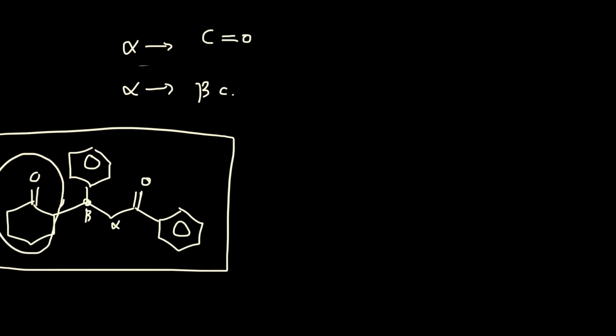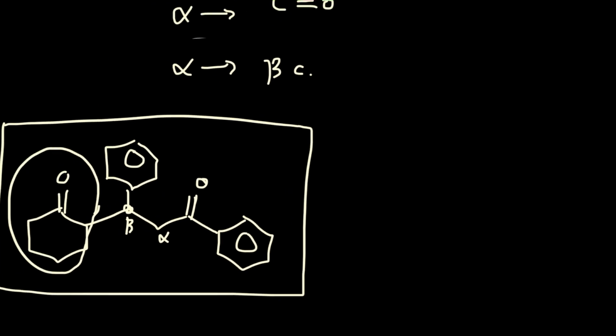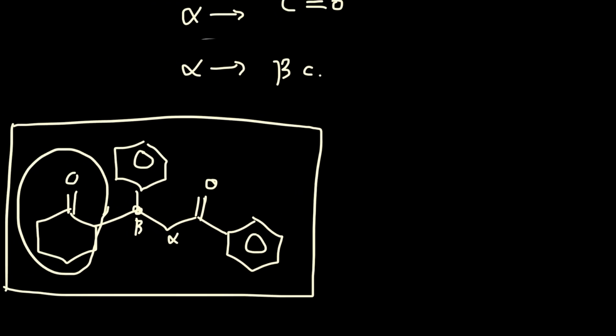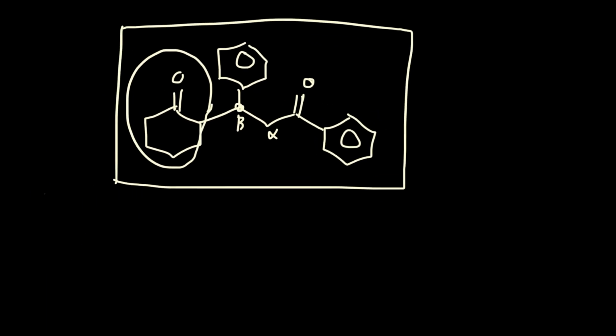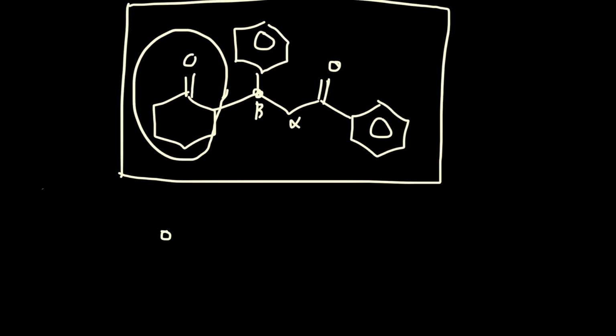Okay, so now that we know this came from an alpha beta unsaturated carbonyl, let's do the reaction of this Michael addition. So this is what we started with.